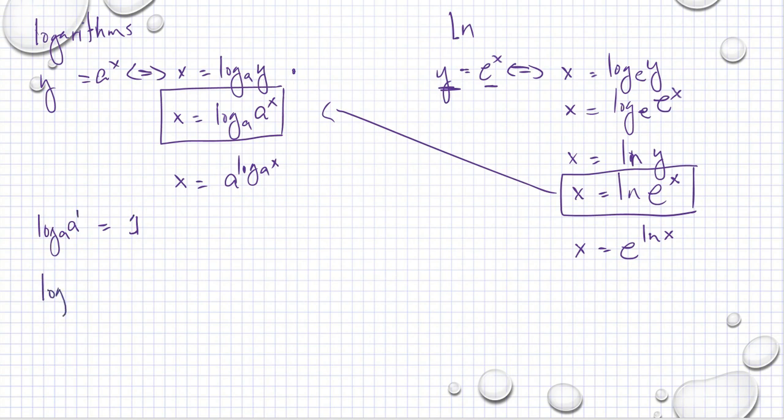And then logarithm of 1, it doesn't matter what the base is, is always equal to 0. So if we use natural logarithm now, ln of e is equal to 1, because the exponent is 1. And ln of 1 is also equal to 0, because e raised to 0 is 1. Okay, so it is almost similar.